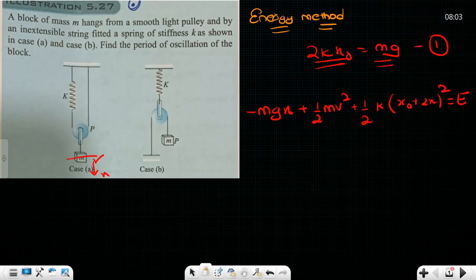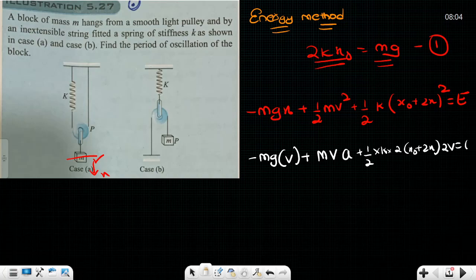I think this is clear. Now you have to differentiate it. Minus mg into differentiation of x will give you velocity, half mv square. So 2 will get cancelled. mv into differentiation of velocity is acceleration. Next, half k into the differentiation of x naught plus 2x will be 2 into x naught plus 2x into differentiation of x naught plus 2x will be 2v, which will be equal to 0. 2 cancel.